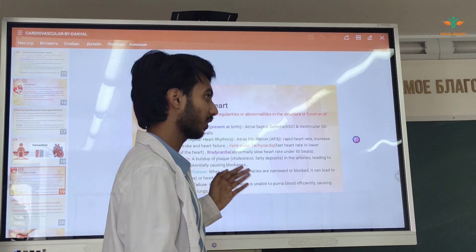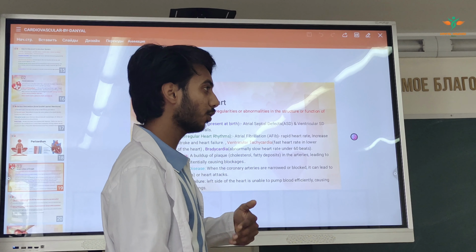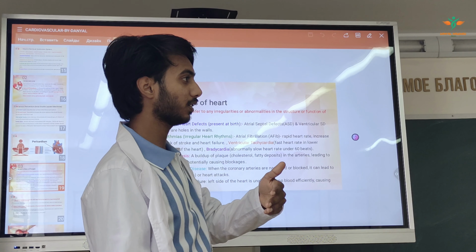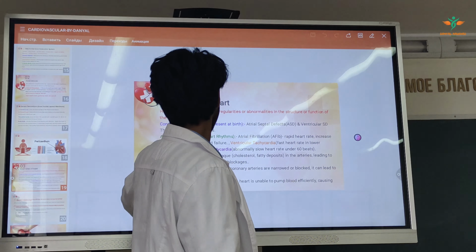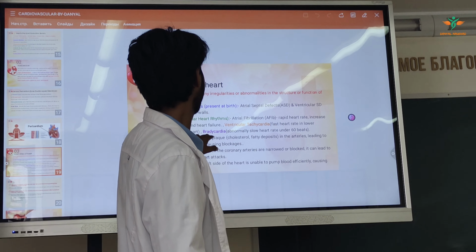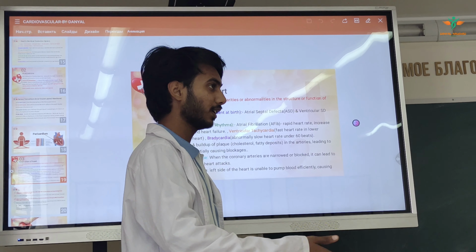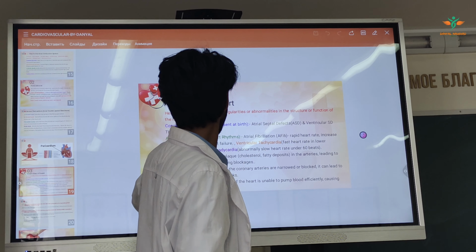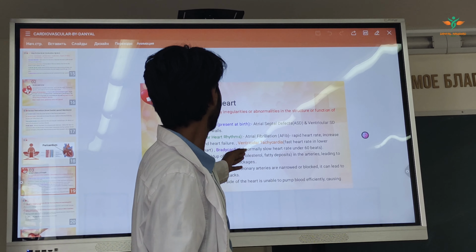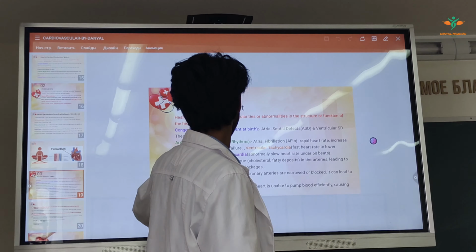Ventricular tachycardia is a faster rate in the lower part of the heart, right or left ventricle, depending on the case. And there is bradycardia, an abnormal heart rate decreasing under 60. It also involves the conducting system.